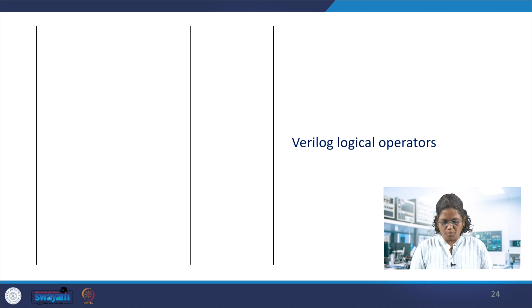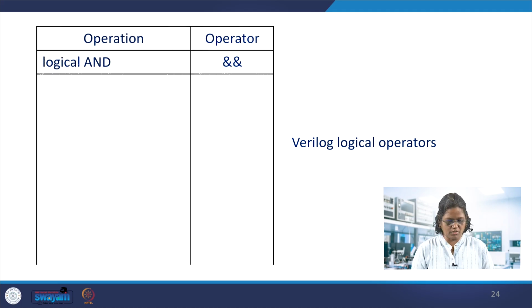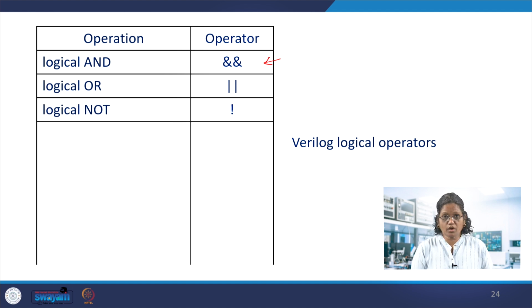Now the logical operators. Logical AND is a double ampersand; when we say A && B, this is a logical AND, not a bitwise AND. Similarly, logical OR has two vertical lines. Logical NOT is the exclamation symbol.